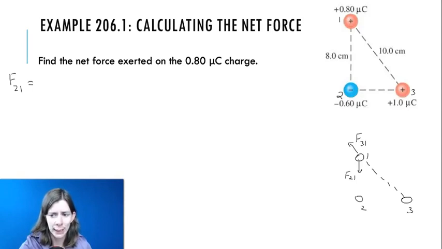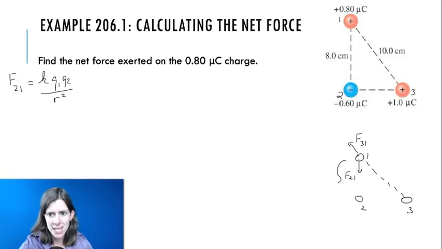The force between any two charges is going to be k q1 q2 over r squared. It doesn't matter if you write 1 and 2 or 2 and 1, you're just multiplying them, you'll get the same thing. So the distance between the two charges is what r is. So we do have several distances here. We do need to make sure to use the correct distances.